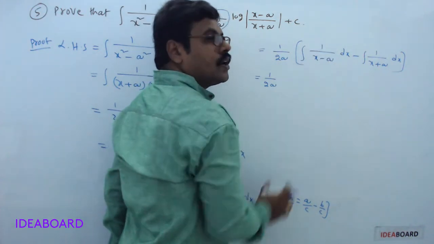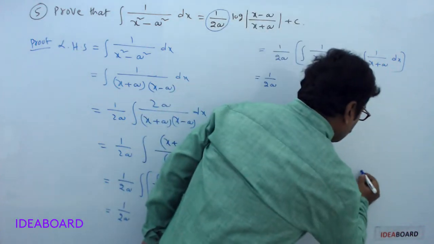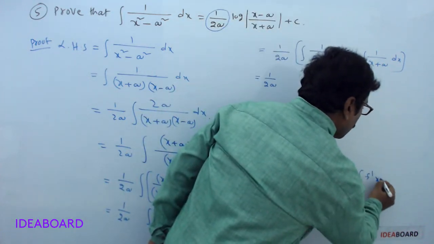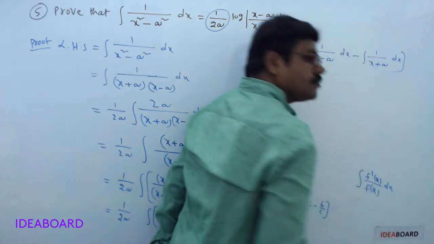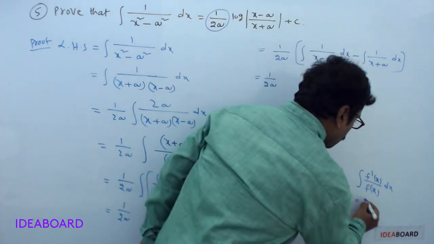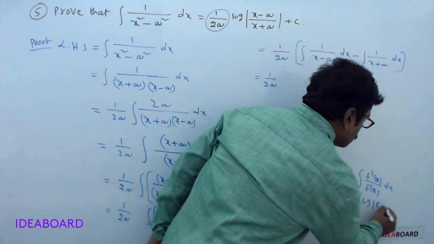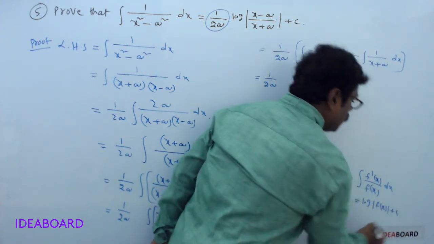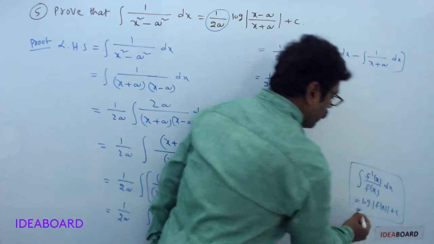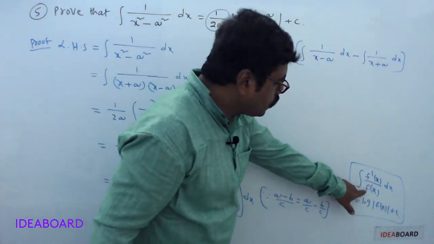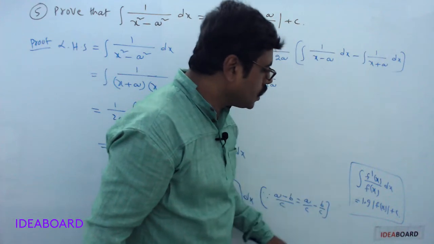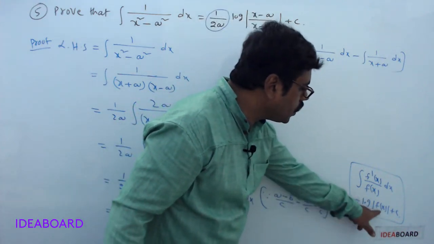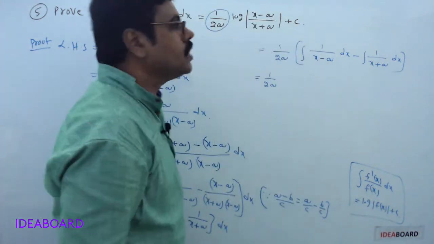Clearly, this first term is of the form integral f dash of x divided by f of x dx. What is this formula? Log mod f of x plus some constant c. If the derivative of a denominator is in its numerator, what is the answer? Log mod denominator plus some constant c.